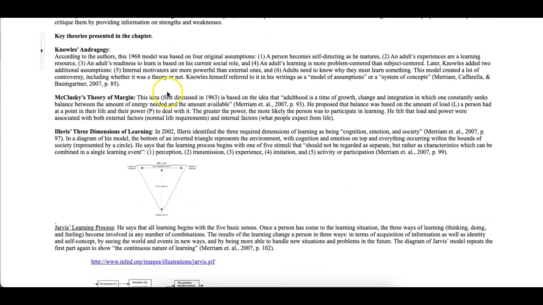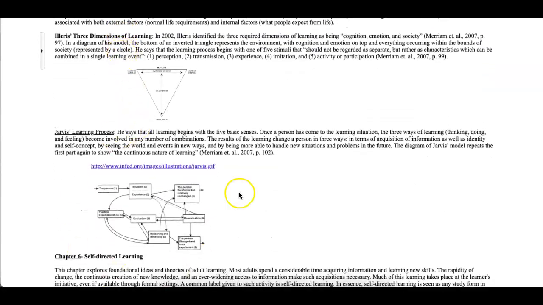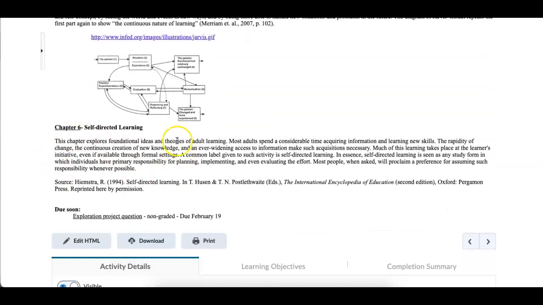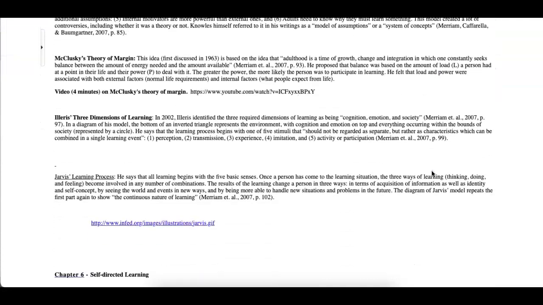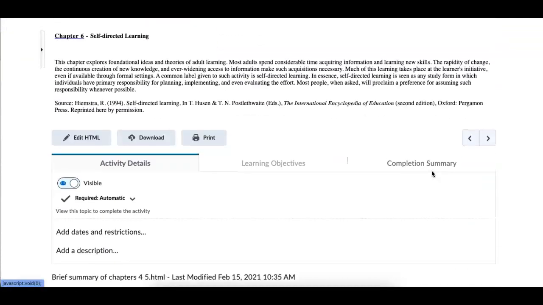I give some McCoskey's theory of margin, andragogy, Jarvis's model, chapter 6, a summary of that also. I'll go to the next one so you can see what's here. Brief summaries. Once again, you can take a look at all this material, self-directed.